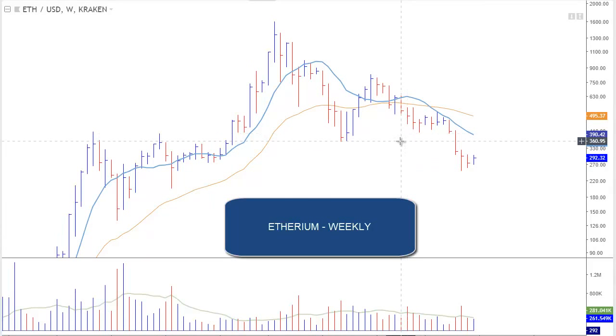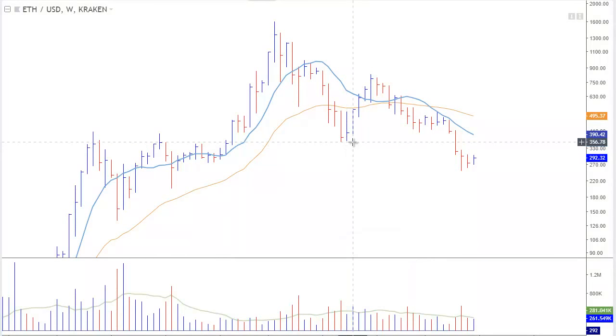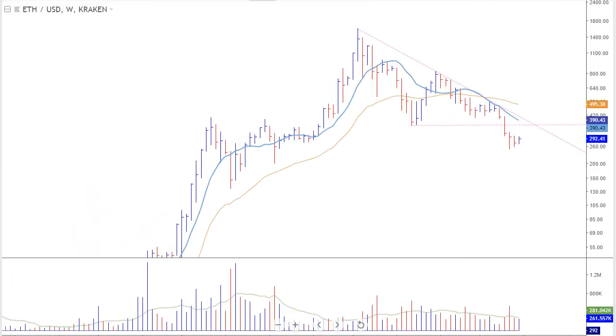The difference between Bitcoin and Ethereum, I think you can spot right away on the weekly, in that Ethereum is not holding support. It's actually broken below support. Both the 10 and 40-week MAs are in a downtrend, and the 10-week MA is below the 40-week MA, and will be considerable resistance on any bounce off the lows.